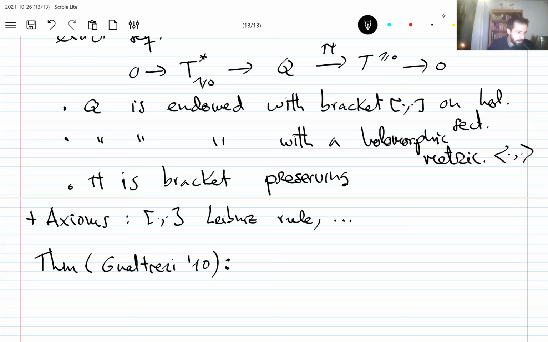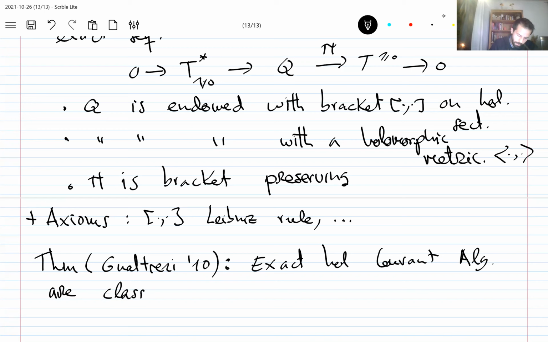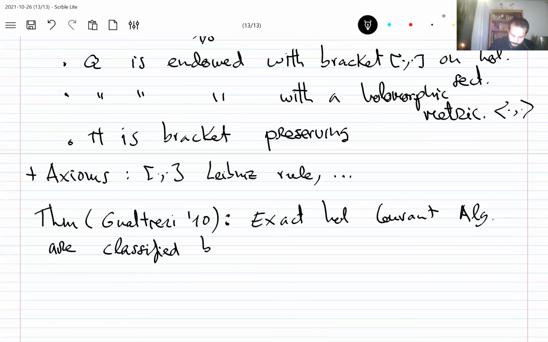So the theorem is that exact holomorphic Courant algebroids are classified by the first sheaf cohomology of the sheaf of closed 2-0 forms.